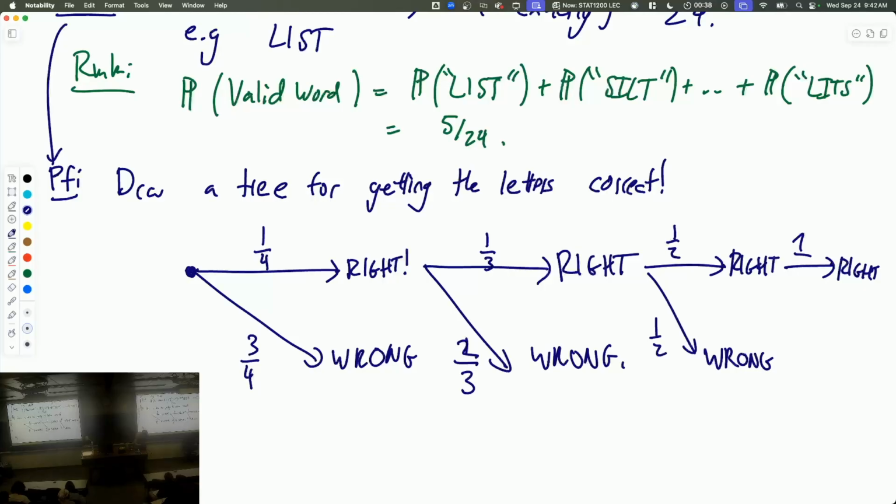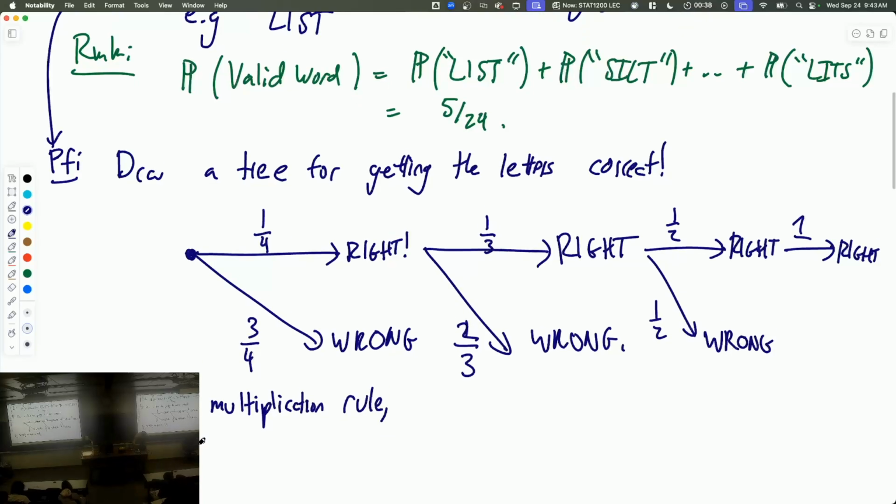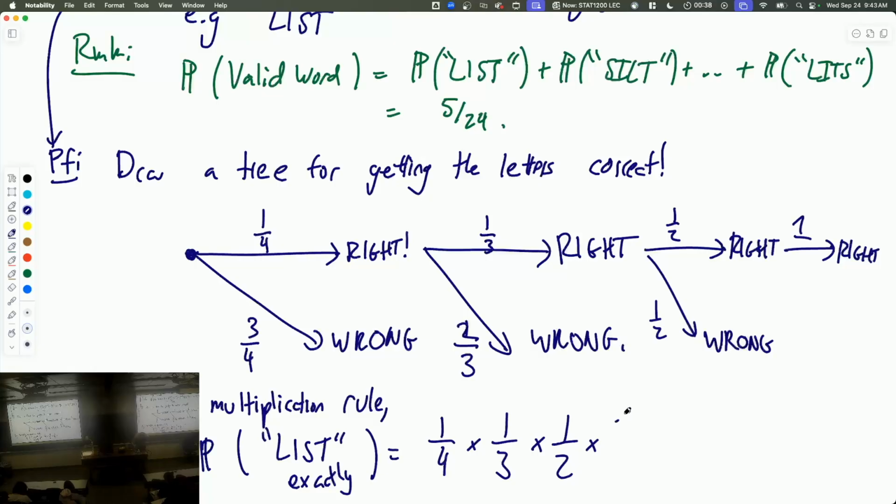So by the probability multiplication rule, the probability of getting list exactly is 1 out of 4 times 1 out of 3 times 1 out of 2 times 1 out of 1, also known as 1 out of 4 times 3 times 2 times 1, which is 1 out of 24.